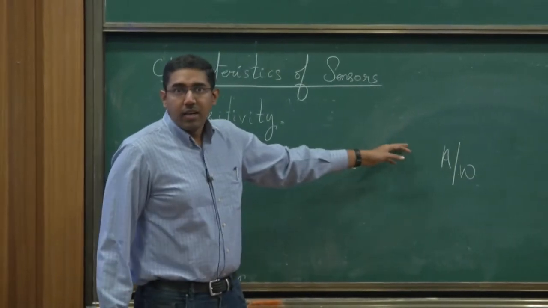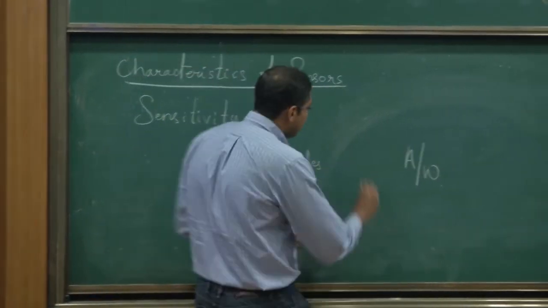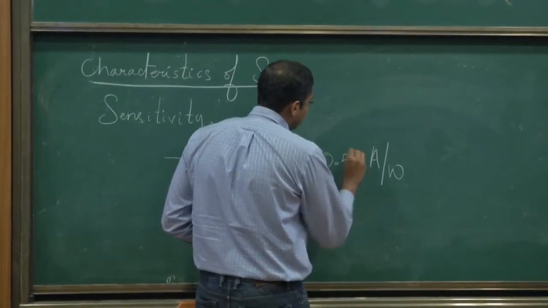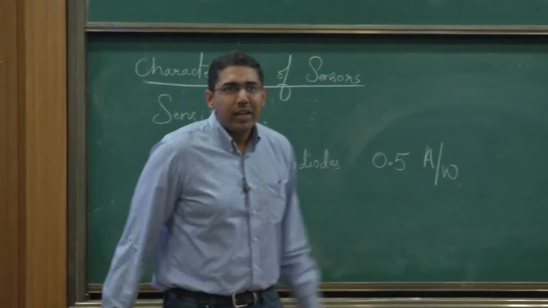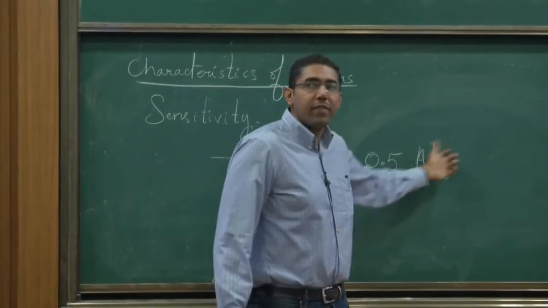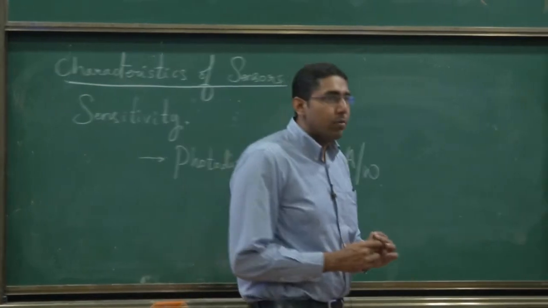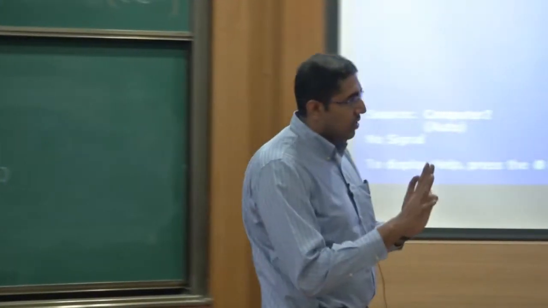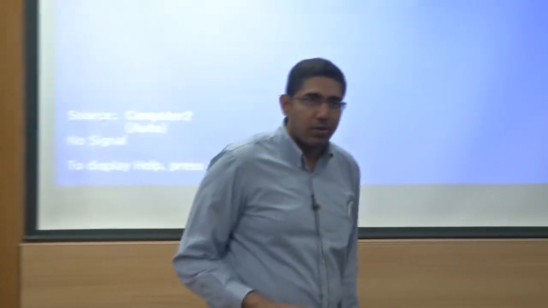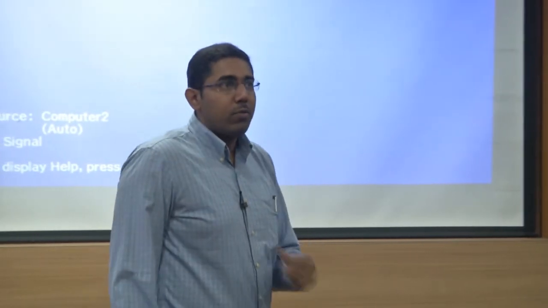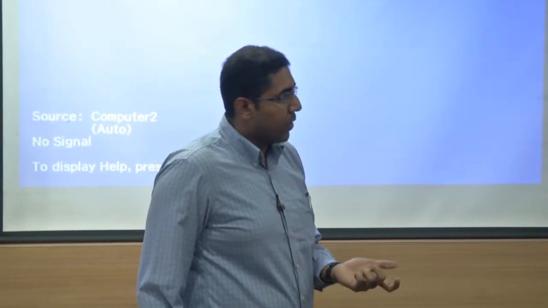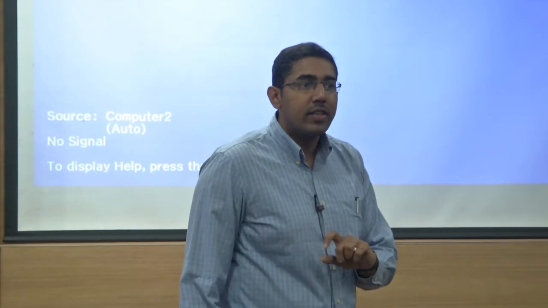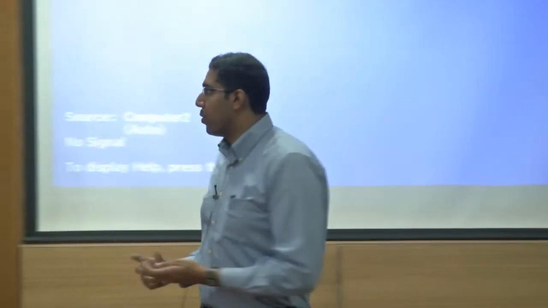It usually has something like 0.5 amps per watt, depending upon the photodiode. If 1 watt of light is hitting, obviously this won't happen because the area of the photodiode is so small. For every watt of power hitting the photodiode, you get half an ampere of current at the output.